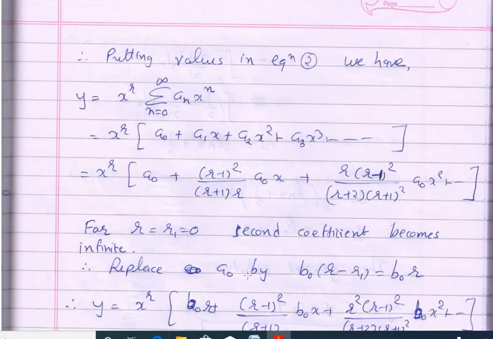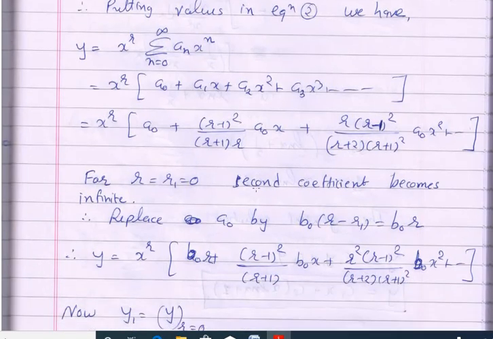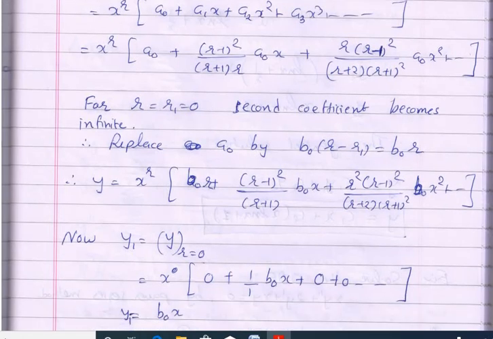Here you have to replace a0 by b0 into (r minus r1), but r1 is 0, so it will be b0 into r. So a0 will be replaced by b0 into r. So here r will cancel out, and your equation reduces to this form. y is equal to x raised to r [b0 r plus (r minus 1) whole square upon (r plus 1) b0 x plus r square into (r minus 1) whole square upon (r plus 2)(r plus 1) whole square b0 x square, and so on].